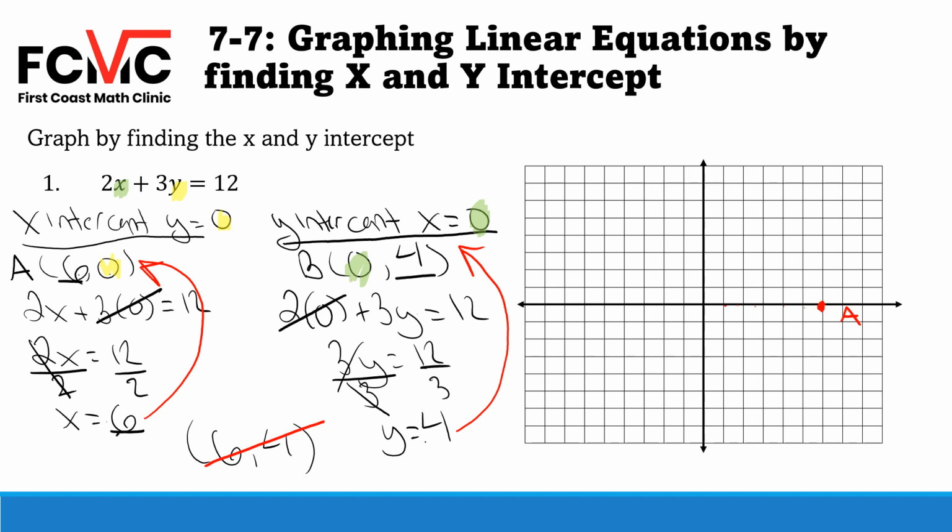We don't want to make it part of the same ordered pair. So point B is (0, 4). Let's plot that point: x is 0, y is 4. 1, 2, 3, 4. So this is our point B. We've got our two points, our x-intercept at point A and our y-intercept at point B. Let's connect these two points.